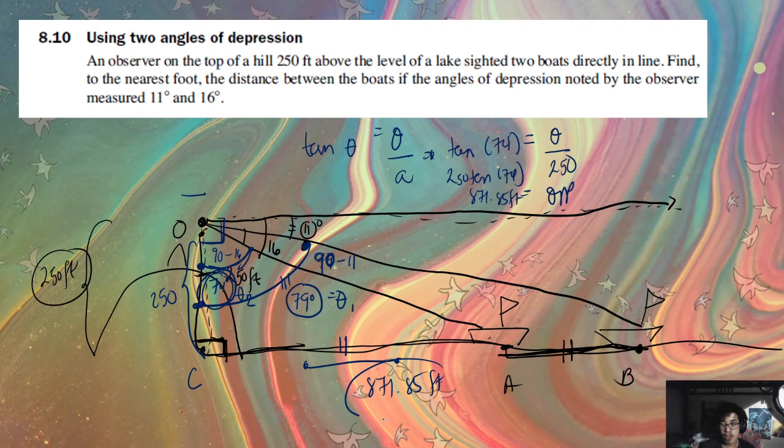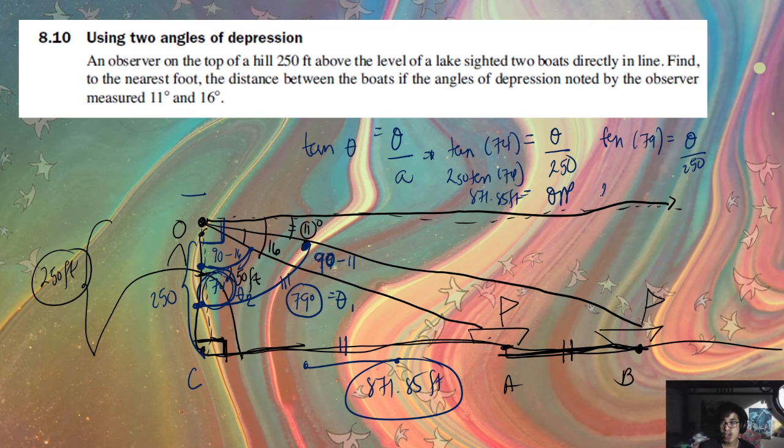Now we also need to find the distance between A and B. In order to do that, we have to solve this big angle right here. We're still going to use the same process, but this time it's tangent 79, which is equal to the big opposite side over the adjacent side, which is 250.